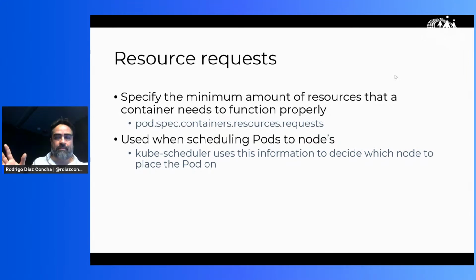That's important because you can have a number of nodes in a cluster, and some nodes are going to be heavily used and some others won't, right? So the scheduler is smart, and it's going to decide, I want to deploy this particular pod in this node, right? Node A or node B or node C, okay?